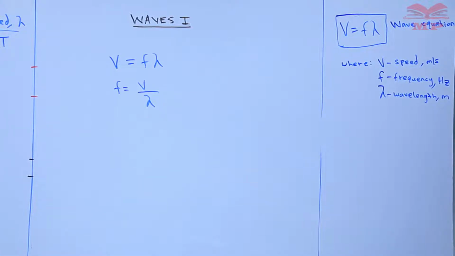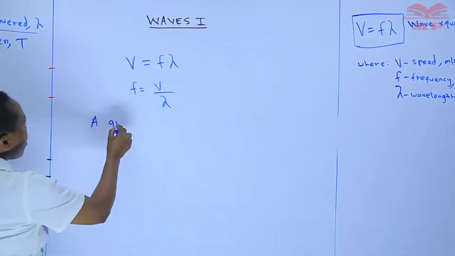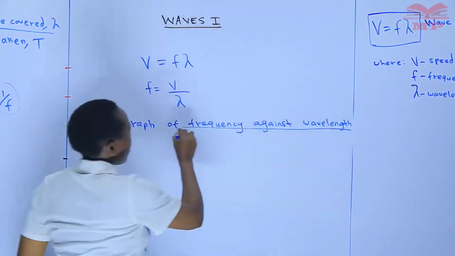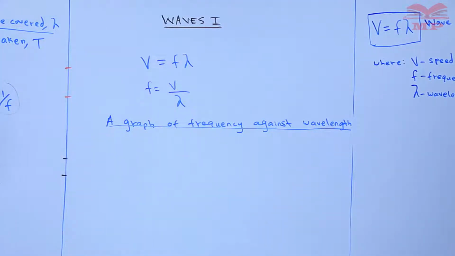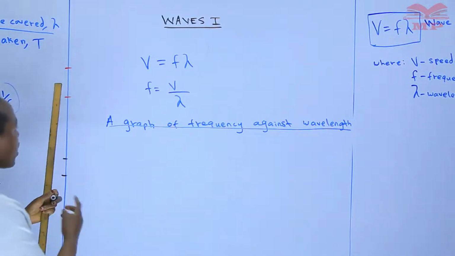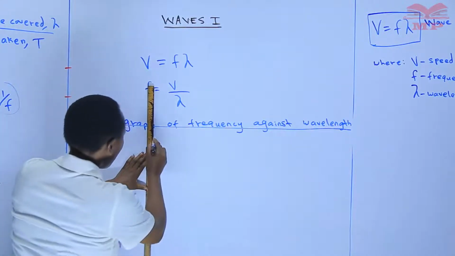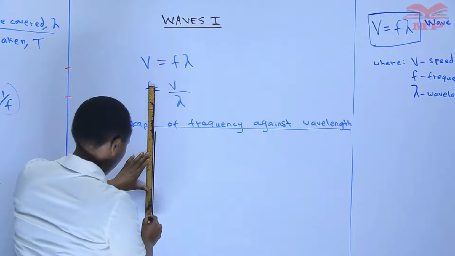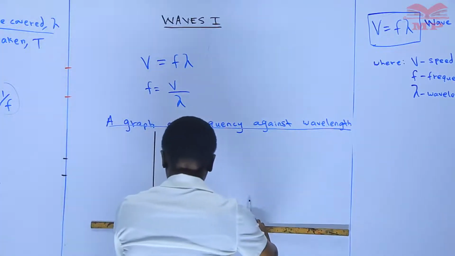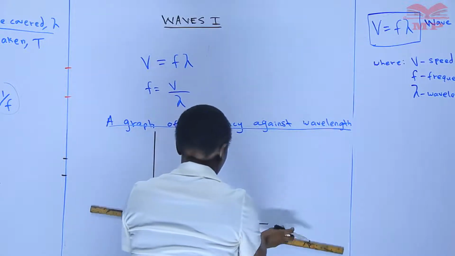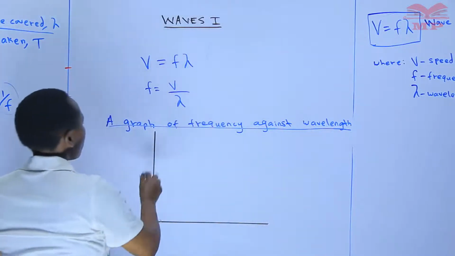And therefore we can have a plot of a graph of frequency against wavelength, and we are going to have it as follows, since we are saying that the two are inversely proportional. So this is the plot that we are going to have.